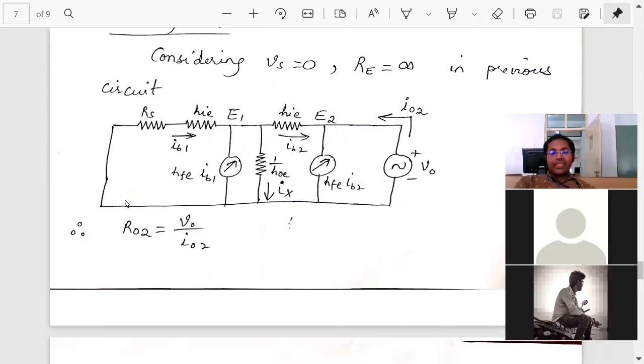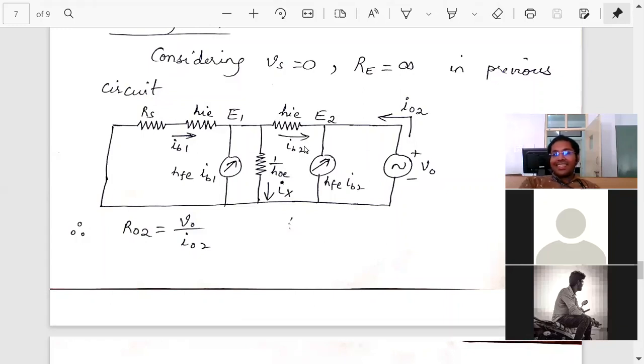Now, actually, we could have done this for the individual stages also, still it will work. But I did not do that because for the first stage I have to make Vs = 0 and analyze, for the second stage I have to make Re infinity and analyze. It might become complicated. Rather, I take the single circuit.